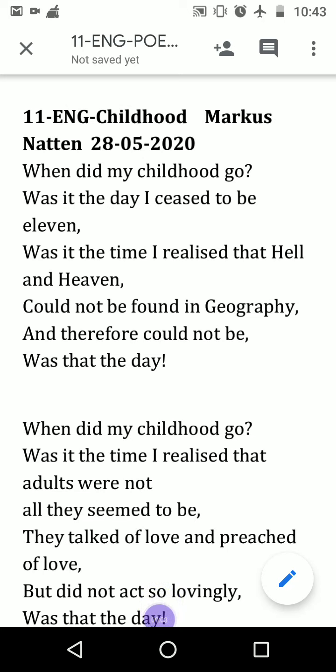Today, I'm going to explain the poem Childhood by Max Nathan. I just keep on telling you that there are 4 or 5 aspects of reading a poem. The first one is the summary of the poem. The second one is the meaning of the words and phrases that have been used in the poem.